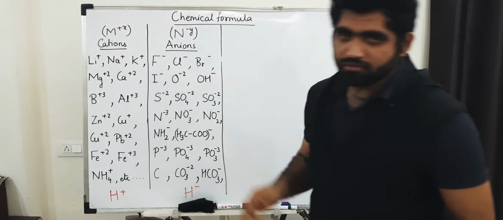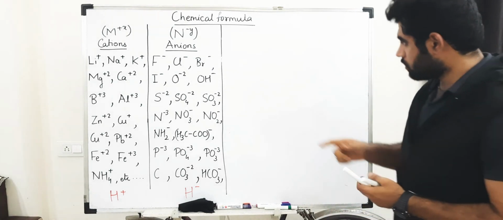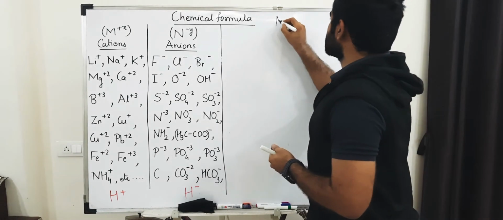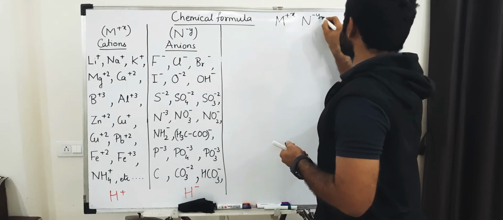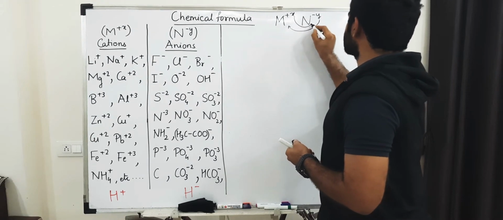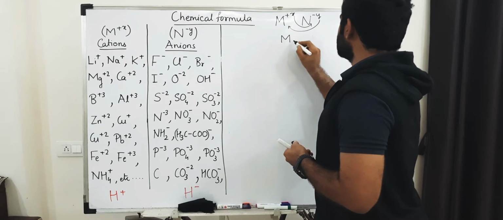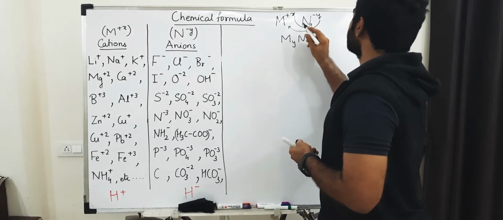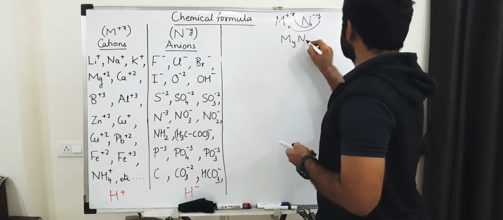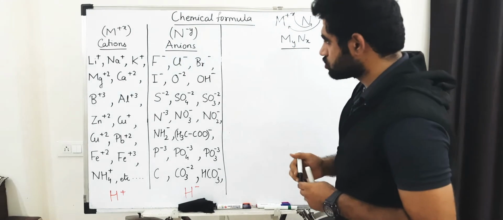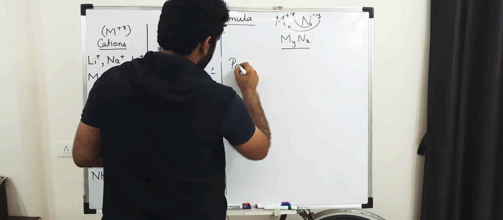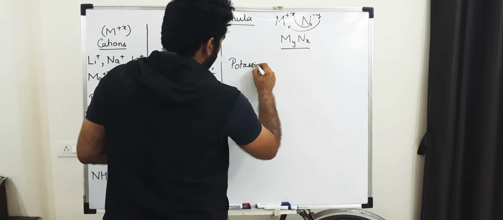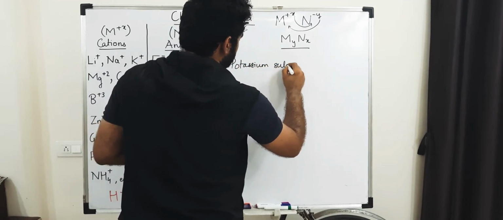So let's start with the formation of compounds with the same principle I had written before, that is M raised to plus x, N raised to minus y. Y moves here, x moves here. Now see here, we have written groups of atoms. So first compound, let's consider potassium sulfate.